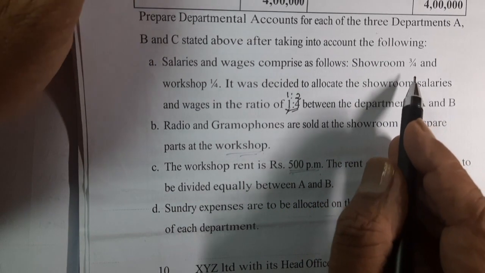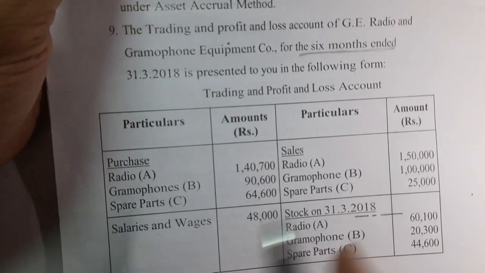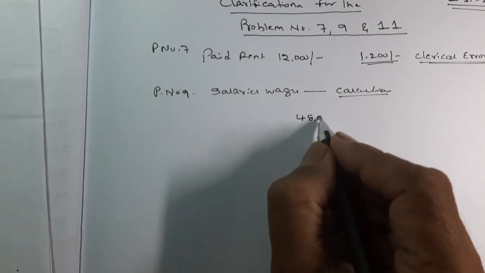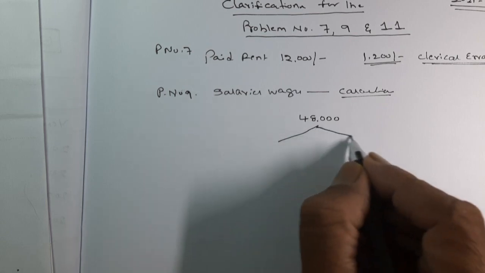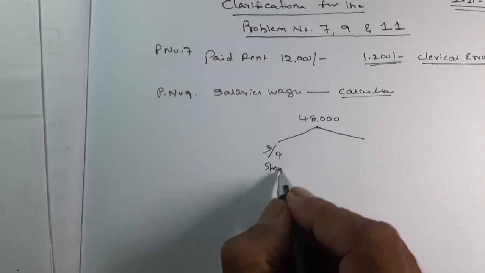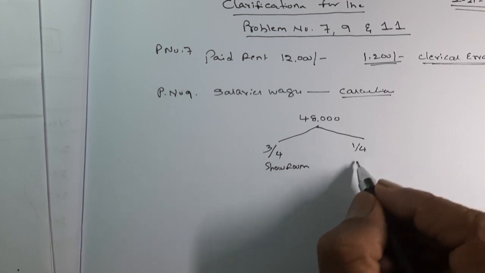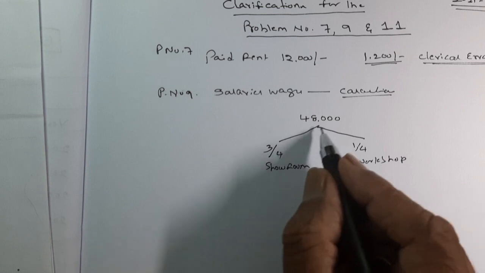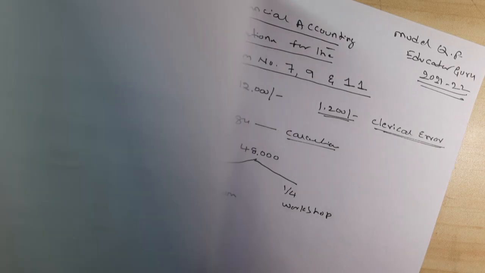So what you have to do is, salaries and wages, showroom is 3/4. What is the total salaries and wages? Total salaries and wages is 48,000. So 3/4 is showroom, 1/4 is workshop.